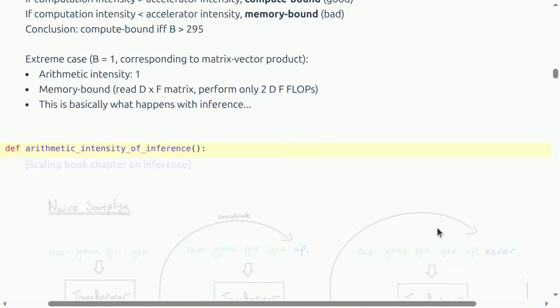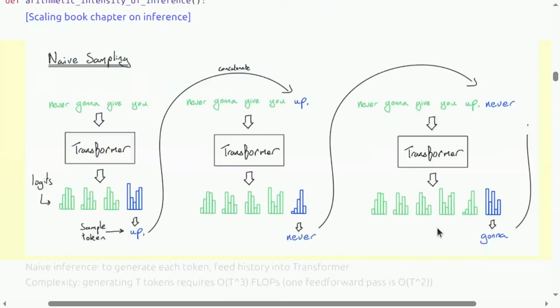Let's talk a little more about the arithmetic intensity of inference. Here's how to think about what's happening in inference if you do it naively. Here is a prompt, "never gonna give you", going into the transformer. The transformer generates keys, values and activations, and at the end it generates logits over the output vocabulary.